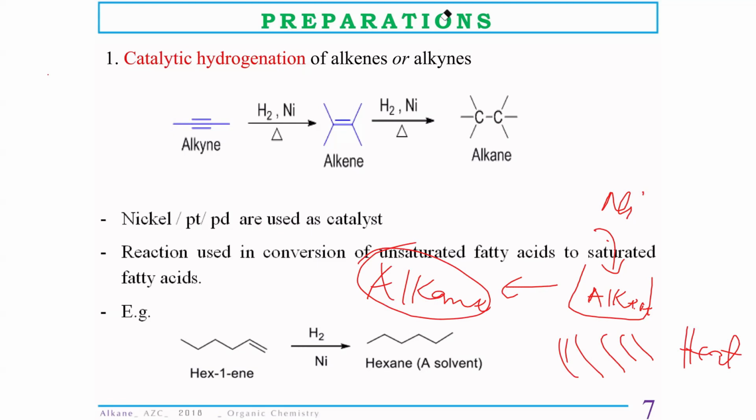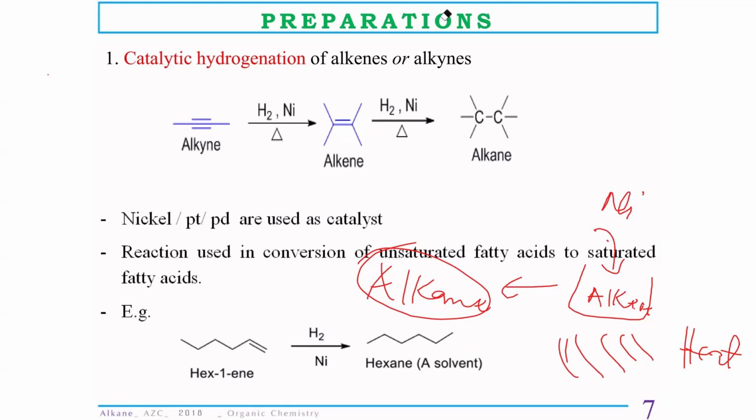For example, we have reactions used in the conversion of unsaturated fatty acids to saturated fatty acids. Unsaturated fatty acids have a carboxylic functional group and a double bond in some of the alkyl chains. If you add hydrogens across them using a catalyst, you obtain saturated fatty acids.